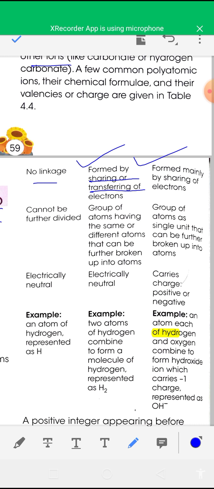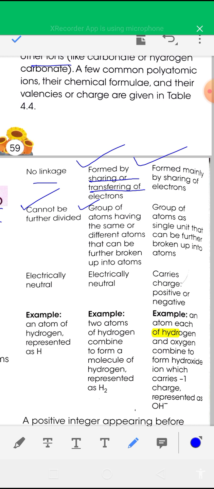Atoms cannot be further divided into smaller particles. And molecules are groups of atoms having the same or different atoms that can be further broken up into atoms.